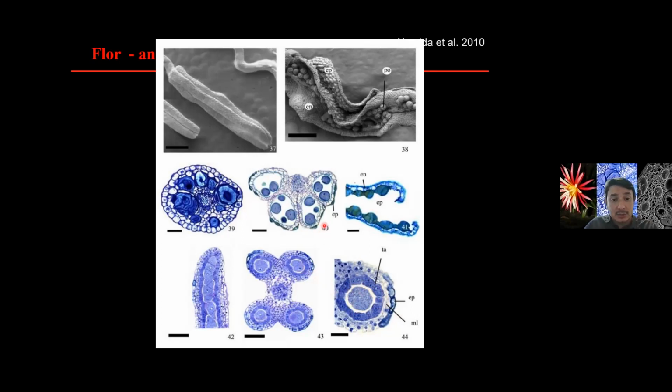I think this anther structure is a pattern for the entire family, not only for the epiphytic ones.